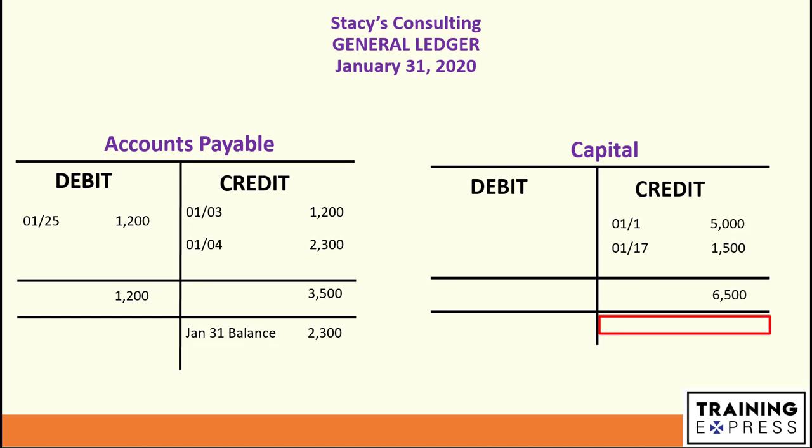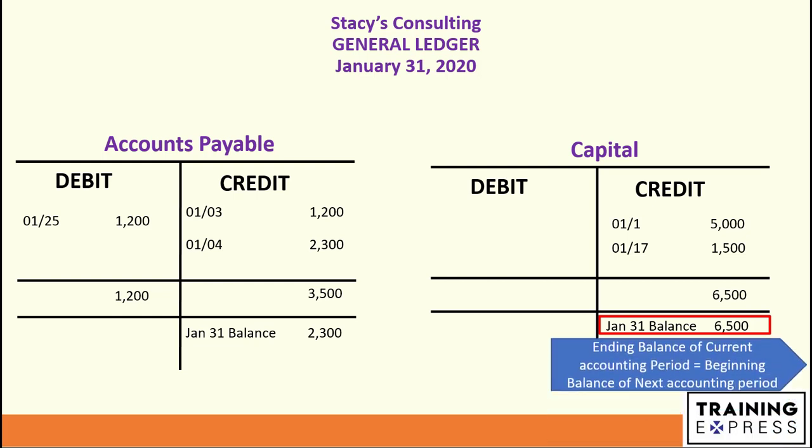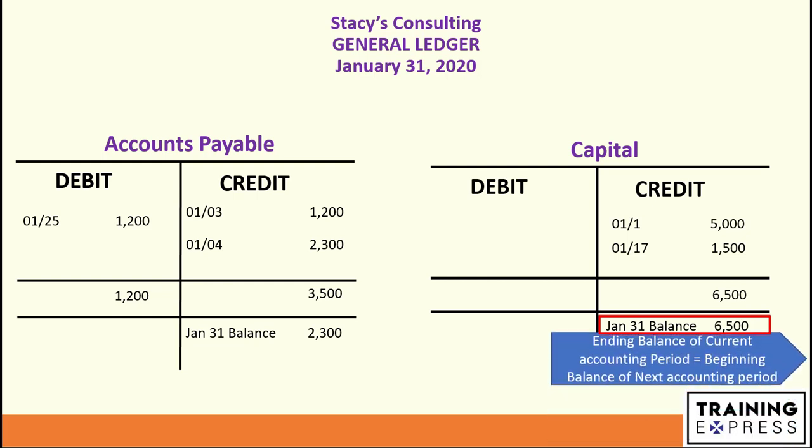So let's write down the ending balance on January 31, which is $6,500 on the credit side. Again, ending balance of current accounting period is the same as beginning balance of next accounting period.